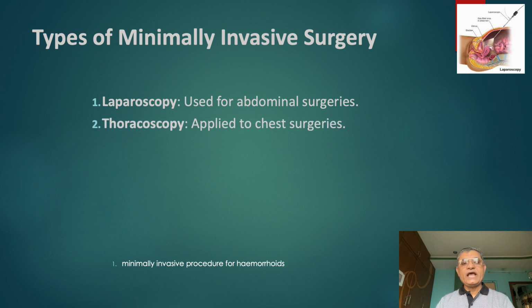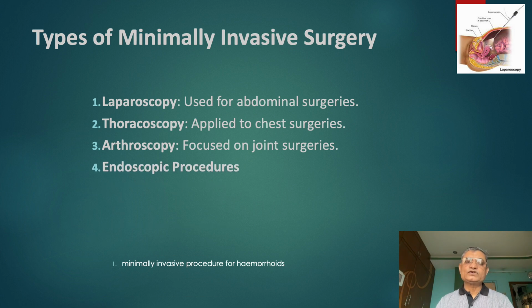Then arthroscopy, as the name implies, performs surgeries inside the joints like repair of the anterior cruciate ligament injury, meniscal injuries, etc. Then there is NOTES. NOTES stands for natural orifice transluminal endoscopic surgery.